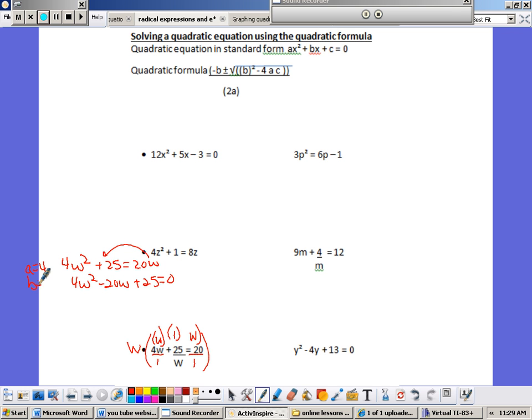A is 4, b is negative 20, c is 25. In parentheses, negative 20 plus or minus the square root of negative 20 squared minus 4 times 4 times 25, all over 2 times 4.